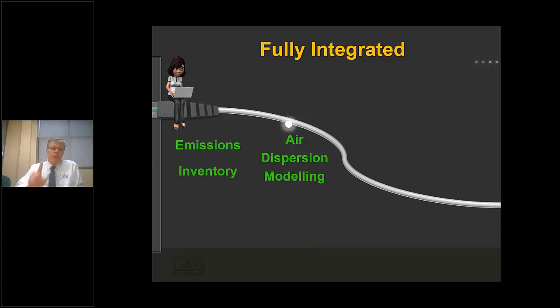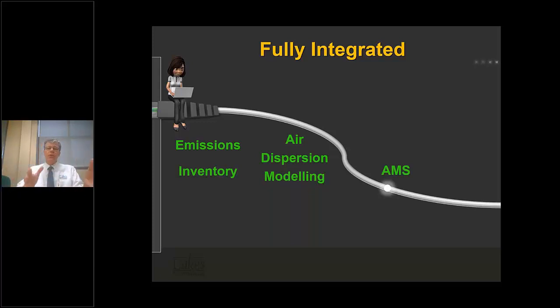Just by pressing one button, we can say what is the source we want. We want to process one chemical, all the chemicals, or we can have thousands of sources being modeled simultaneously. From the dispersion model, we can compare the results with ambient monitoring stations.